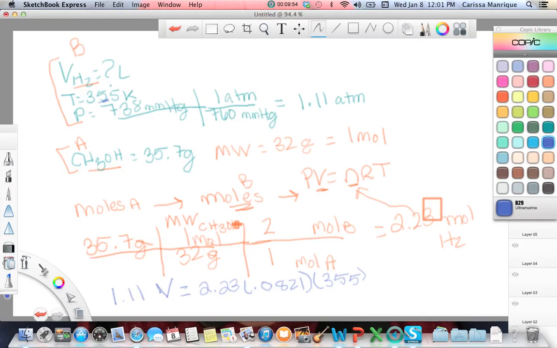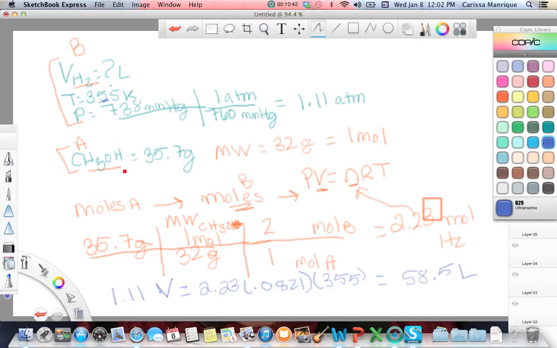And I get my volume is 50.55 liters. That's how much hydrogen I need to put in this reaction to make that much methanol.